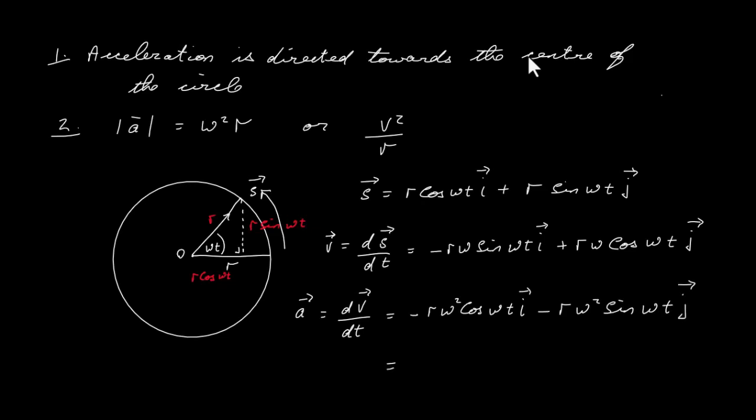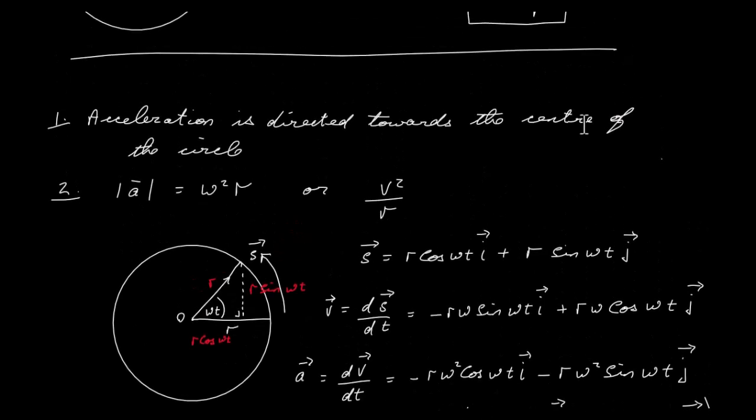So what I'm going to do here is just factorize out minus omega squared. That'll leave me with r cos omega t i, minus, sorry, it's going to be plus actually, because I've already factorized out the minus, so it's going to be plus r sine omega t in the j direction. Now let me just move this up a little bit here.